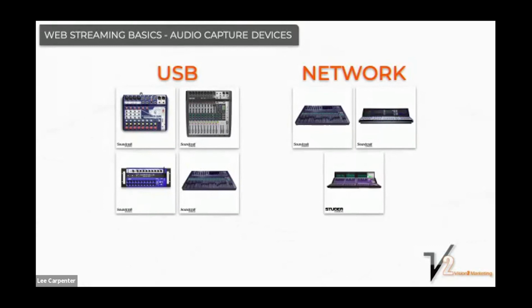On the right side, we also have a number of large format digital consoles that have the ability to do network output. Let's use Dante, for example, since it's the big boy on the block.